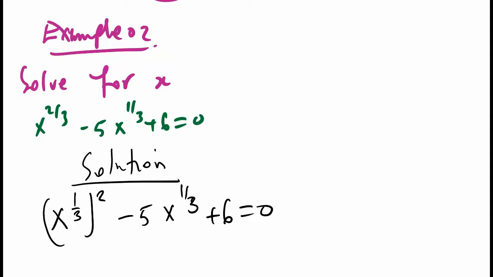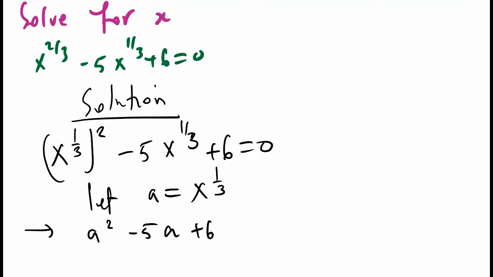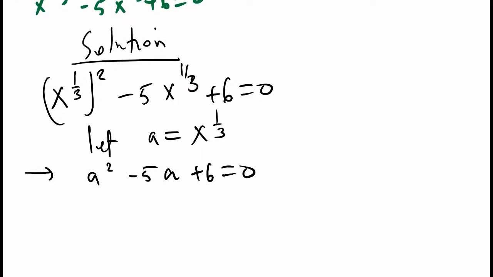This is a quadratic equation with variable x^(1/3). For simplicity, let a be x^(1/3). Now the equation becomes a^2 minus 5a plus 6 equals 0.